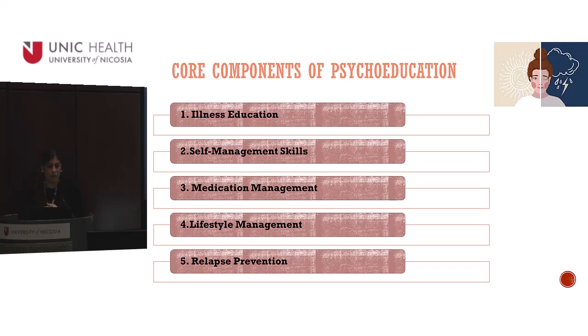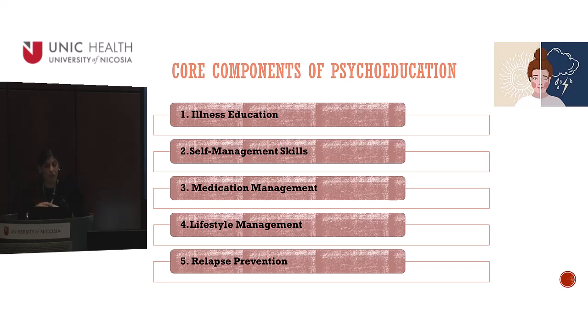In the self-management skills parameter, this includes teaching patients strategies to monitor their moods, recognize early warning signs of episodes, and develop effective coping mechanisms. Techniques may involve maintaining mood diaries and action plans for managing symptoms.